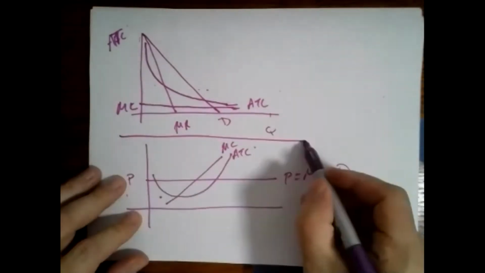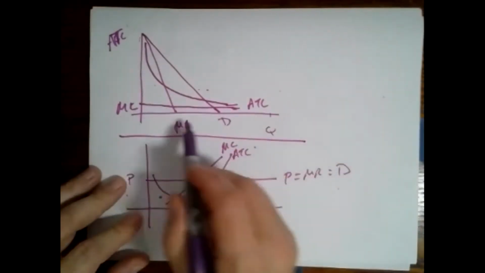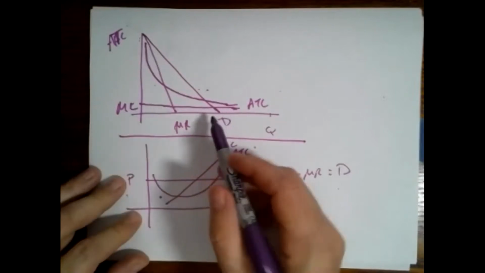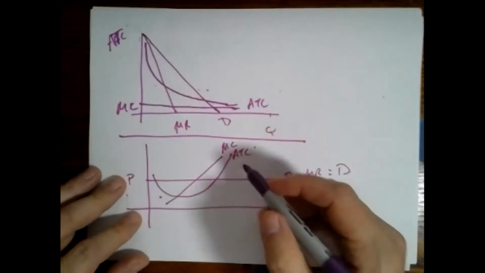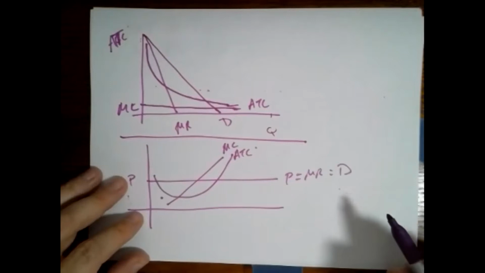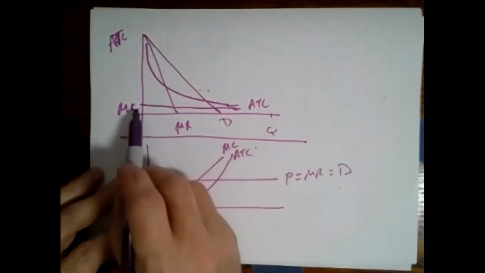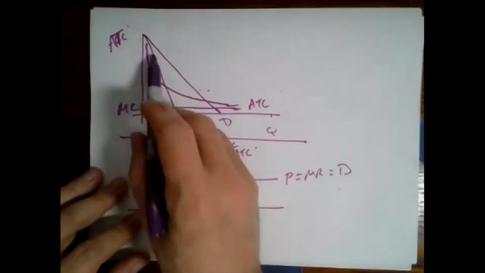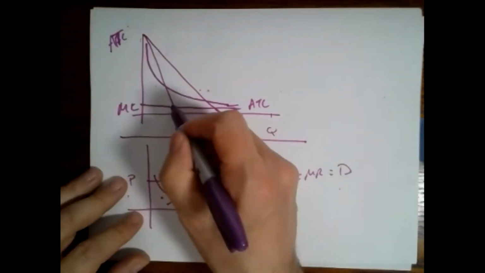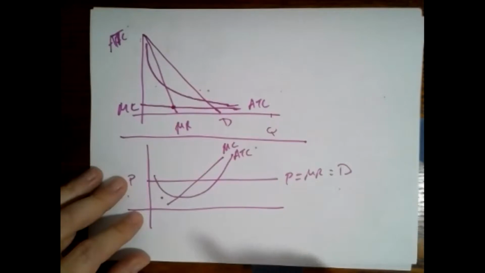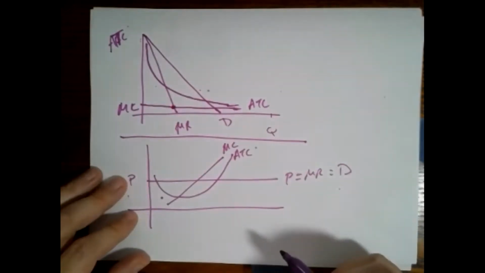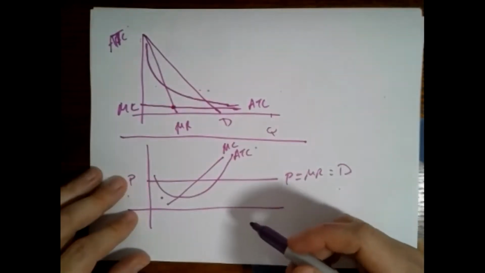So this is our model of our monopolist. This is her marginal cost. This is her marginal revenue. To find her profit maximizing quantity, we want to look where the marginal cost line crosses the marginal revenue line, and that's right here. That tells us what quantity the monopolist is going to produce.